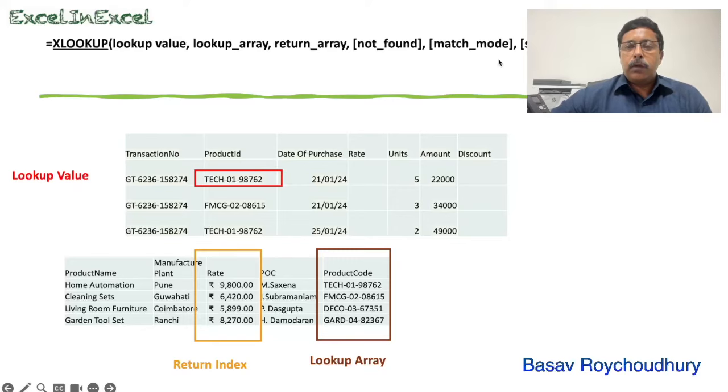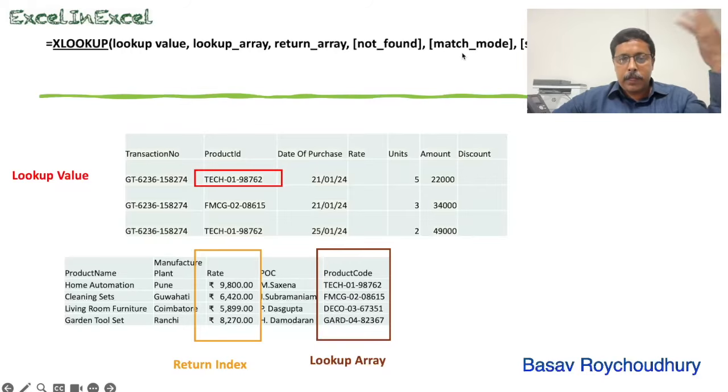The match mode is basically what happens if the exact match is not found. So you can look only for an exact match, or you can look for an exact match or the next lesser value, or you can look at an exact match or the next higher value. The search mode is basically how the search happens.